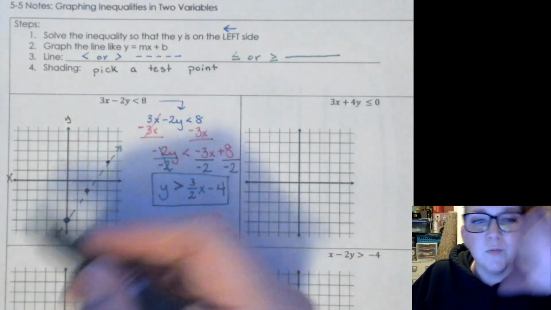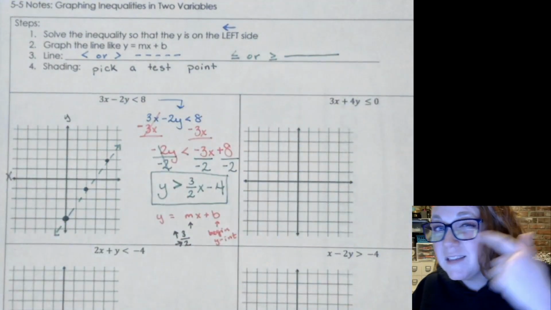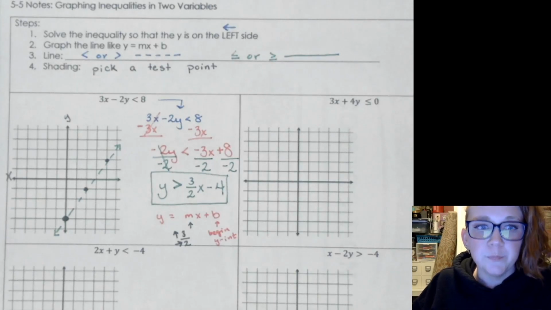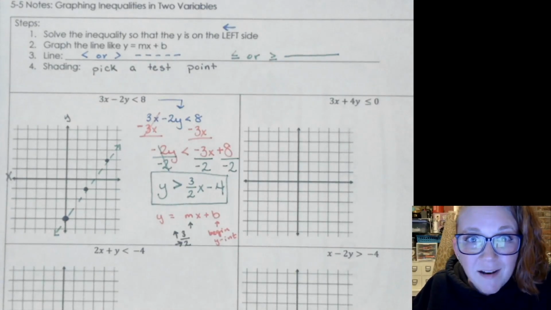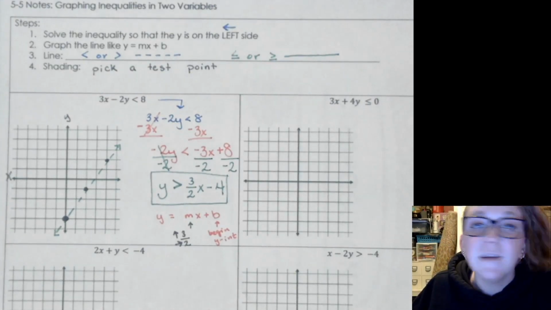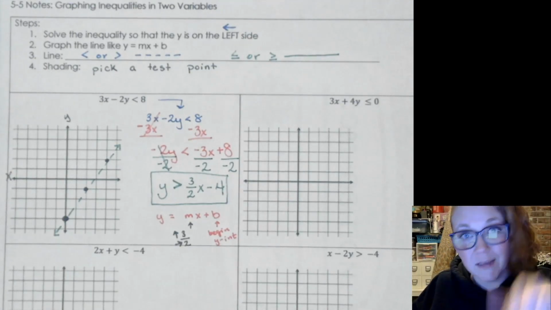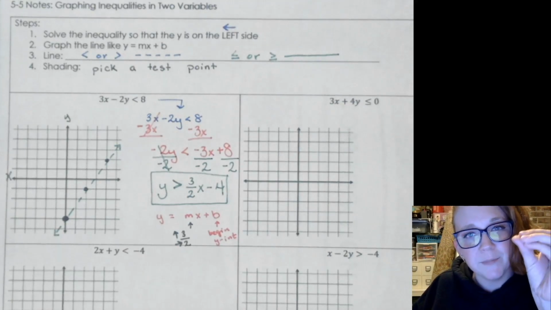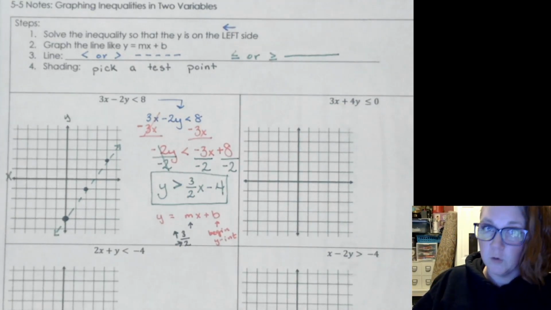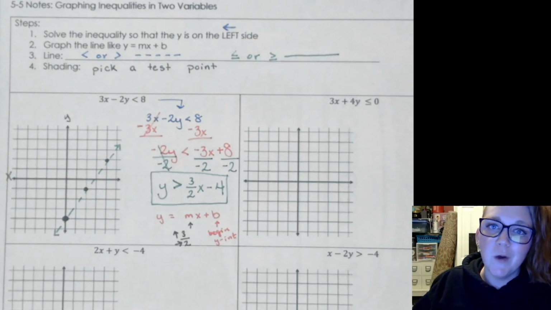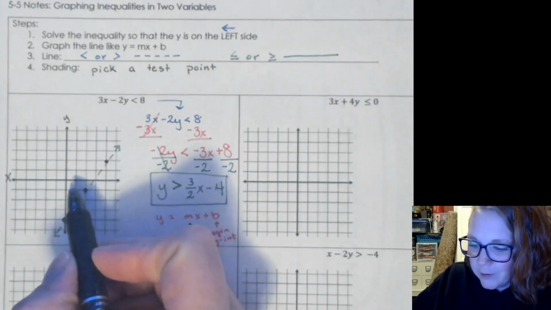You can pick any point you want. Honestly, the easiest point to use, side note, you cannot use a point on your line. It is not allowed. Don't do it. Otherwise, you're not going to get the right thing. You have to pick something not on your line. My suggestion, pick easy numbers that you know. Like pick a point like 1, 1.